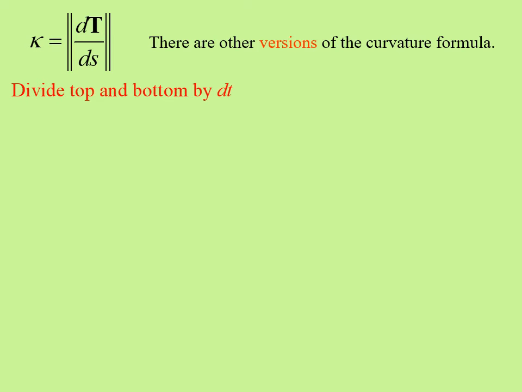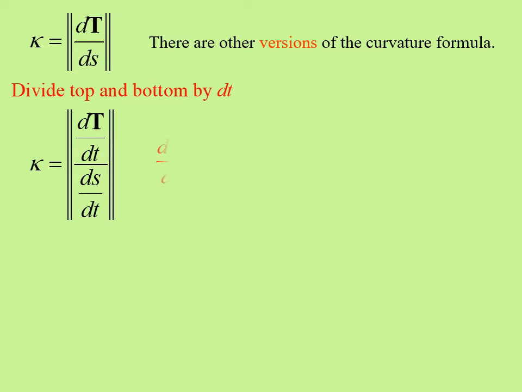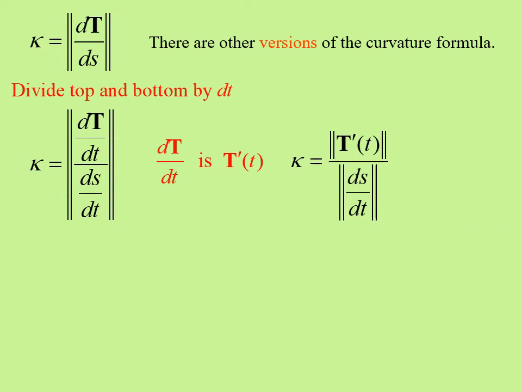So we're going to simply rewrite this expression by dividing top and bottom by dt. And remember that dT over dt is written as just T prime, the derivative of the unit tangent vector. And we just did this earlier: ds/dt is the magnitude of r prime of t.